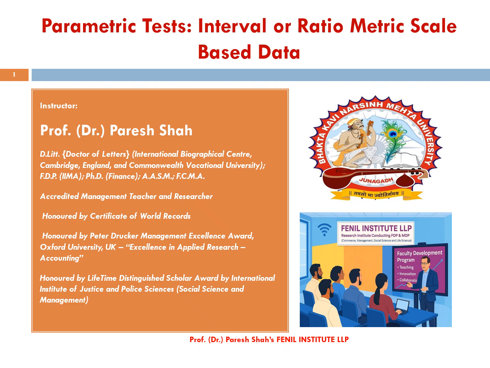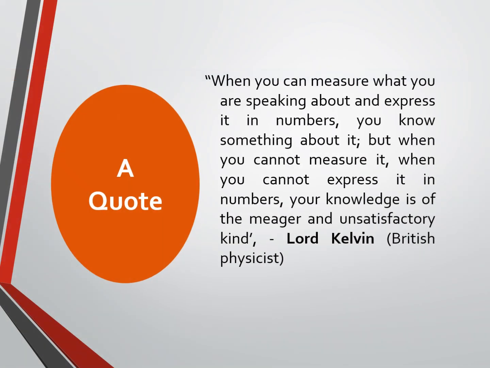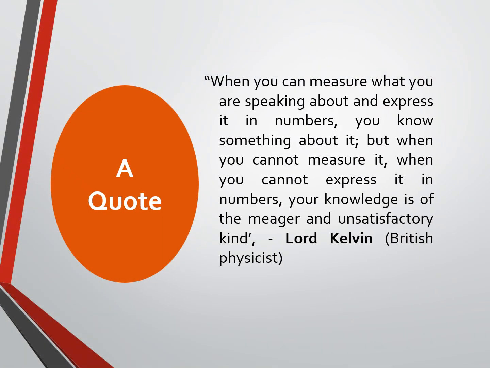Today there is going to be some overlap with yesterday's discussion, to quickly recall why we are required to do the parametric study. Yesterday we looked at statistics, and the British physicist Lord Kelvin said that when you can measure what you are speaking about and express it in numbers, you know something about it.